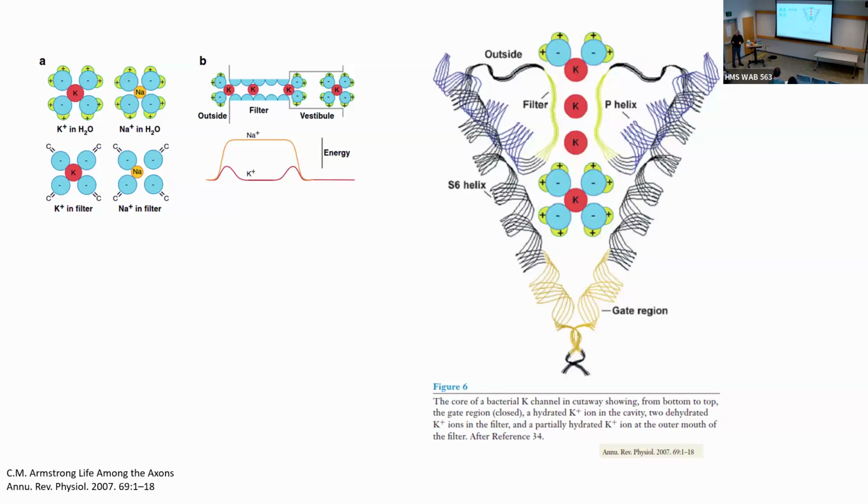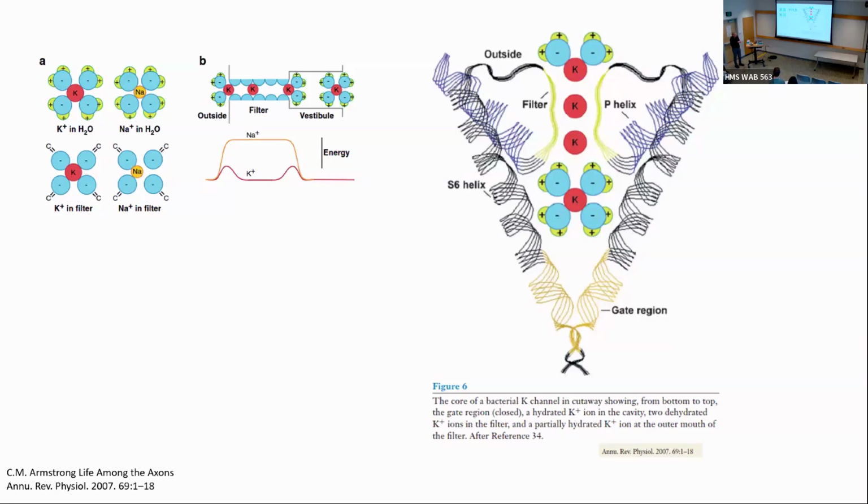Now, a sodium ion is smaller than a potassium ion, so how can you make a channel that passes potassium but not sodium? This was Armstrong's idea, and it turns out that's exactly the way the channel works. There's this filter region where the potassium ions are beautifully coordinated by the carbonyl groups, but the sodium ion is smaller, and so it's not as energetically favorable sitting in there.